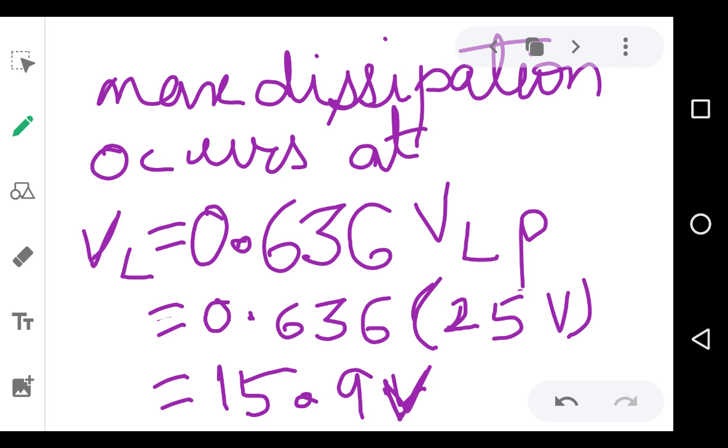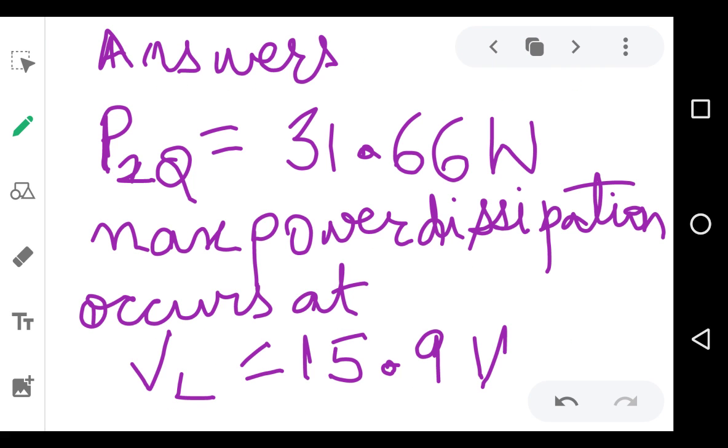So it comes out to be 15.9 volts. Summarize the answer: total power dissipated by the pair of transistors, and maximum dissipation occurring at the load voltage of 15.9 volts.